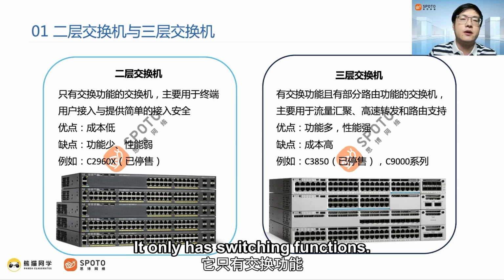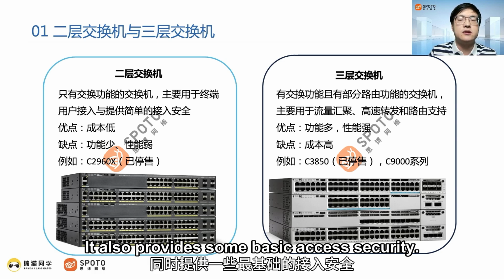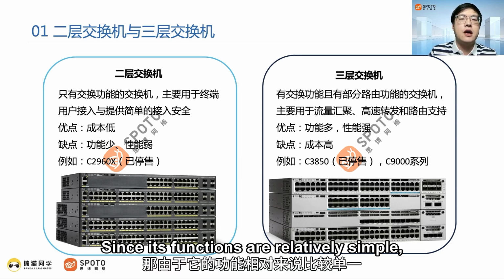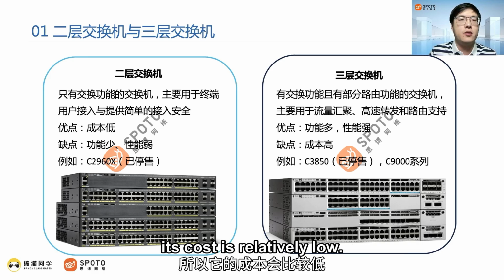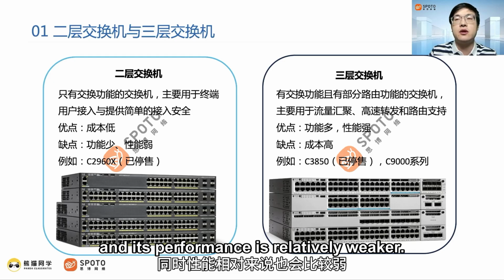Generally, its role is mainly for end-user access. It also provides some basic access security. Since its functions are relatively simple, its cost is relatively low. Of course, its drawback is having fewer features, and its performance is relatively weaker.